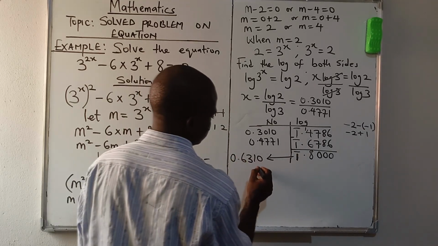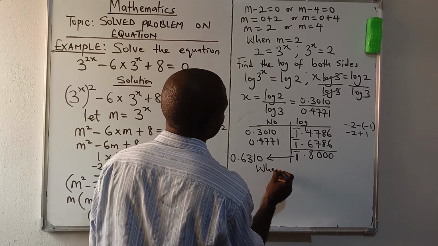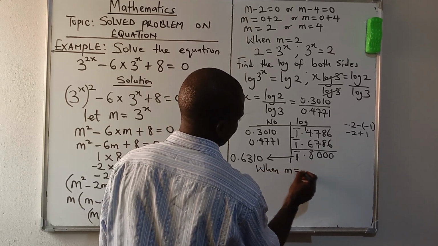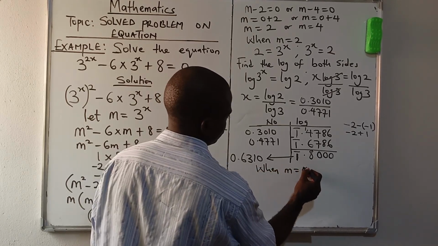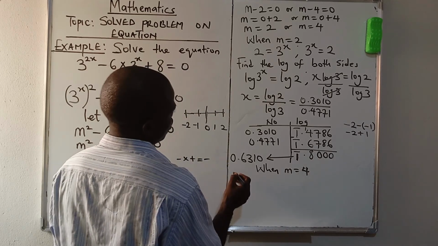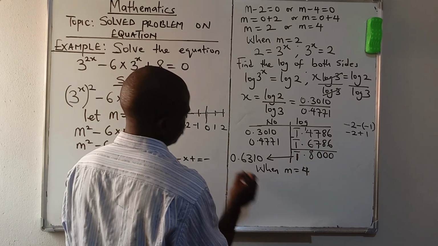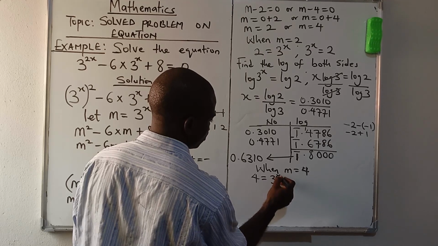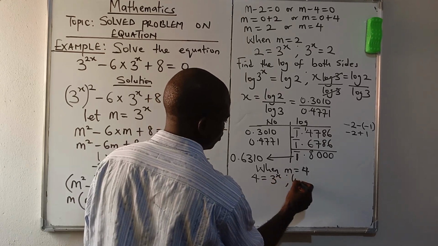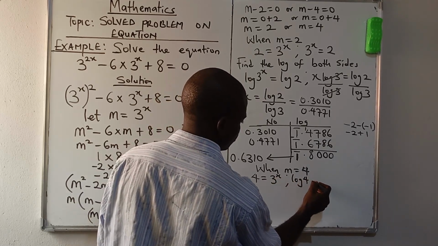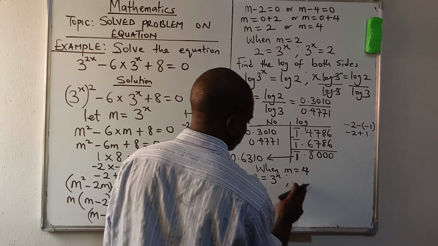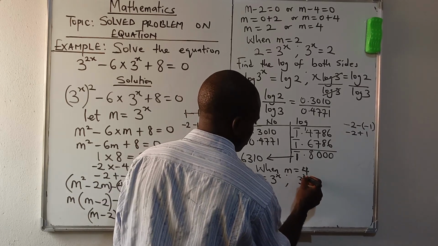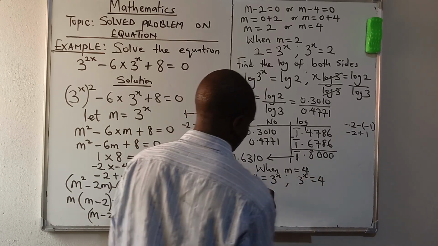Now let's see when m equals 4. Now if you place it back, 4 equals 3 raised by x. Find the log of both sides. Log 4. Okay, let's change it. Now 3 raised by x equals 4.